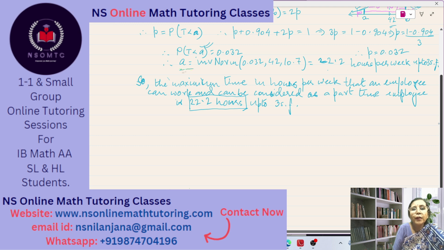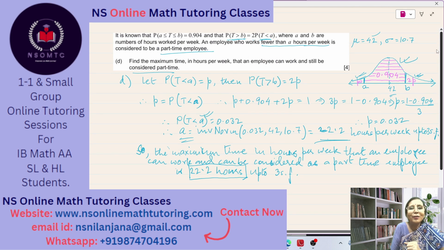Okay, we have found the value of A as 22.2 up to three significant figures. So this is the maximum time in hours per week that an employee can work and still be considered as a part-time employee. Okay, so this brings us to the end of this question.